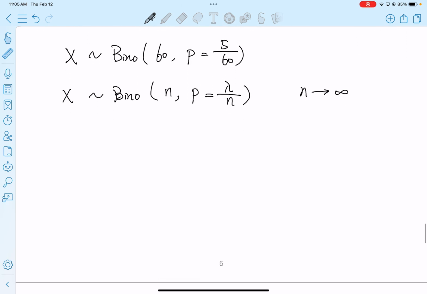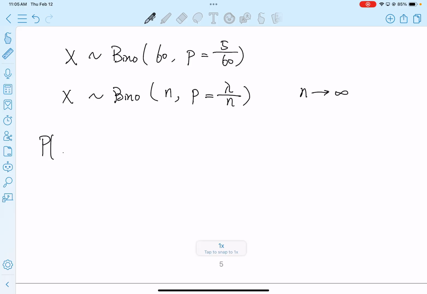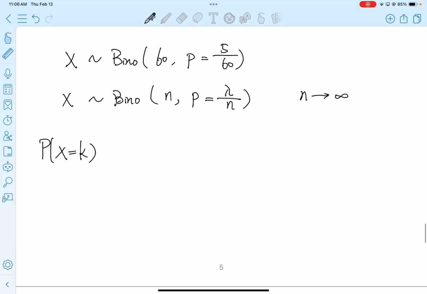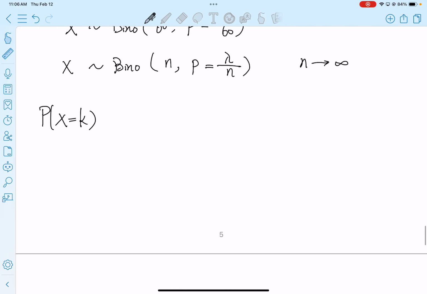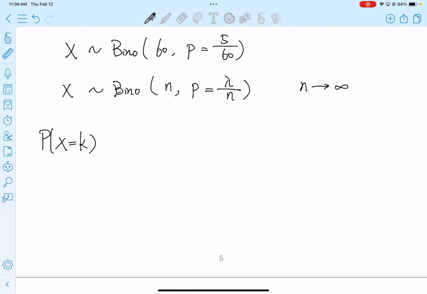Poisson. Okay, so again, starting from the probability mass function of a binomial distribution, we are interested in X equal to k. In our case, we want to model the number of requests, so you can define the number of requests as k. k can be 2, 5, or up to n. That is from the binomial perspective.